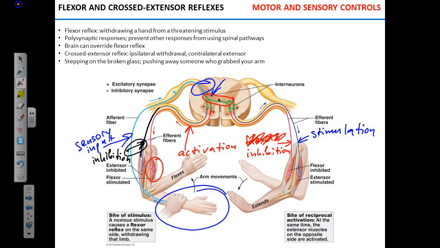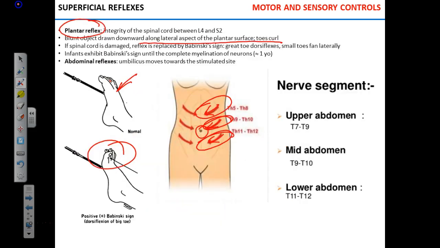Babinski sign and the abdominal reflexes, understand which regions of the spinal cord are checked. Like Babinski, lumbar, lower lumbar, sacral. Abdominal reflexes, thoracic. Anatomy part, no. Anatomy part is going to be pretty much restricted to the cranial and spinal nerves. That's it.